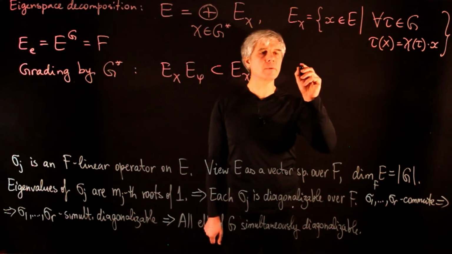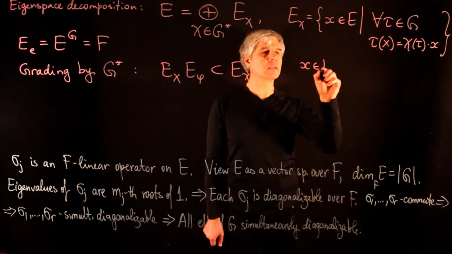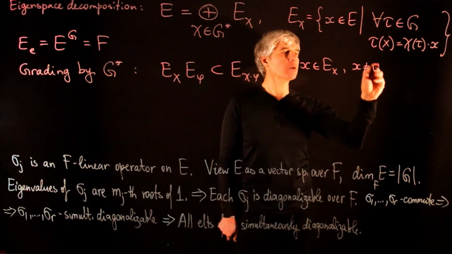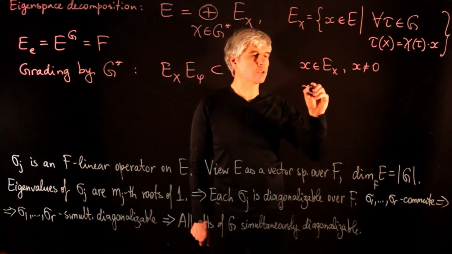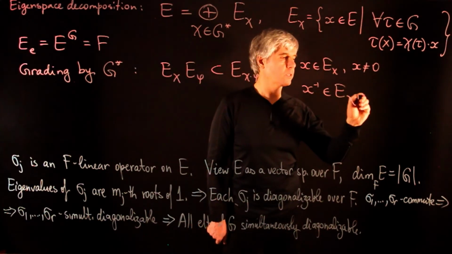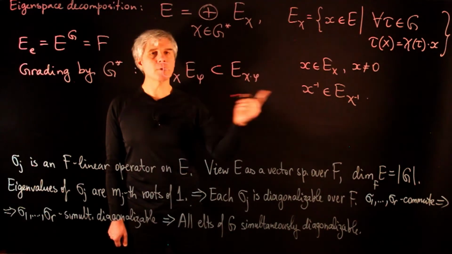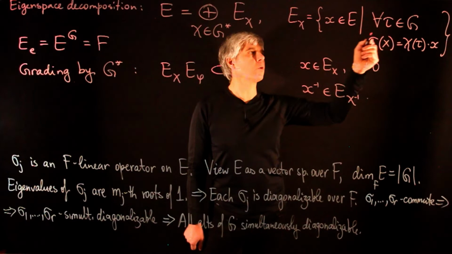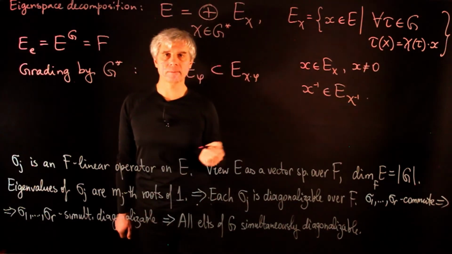Also, we know that if we have x in E chi and x is not equal to 0, then x inverse will belong to the component E chi inverse. These properties are easy to check using the fact that elements of G are automorphisms of the field.